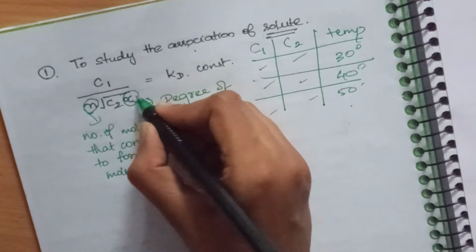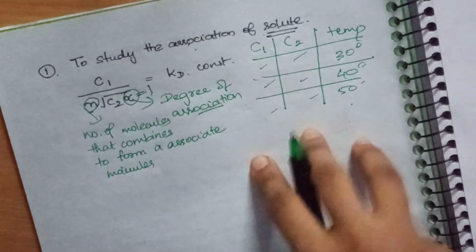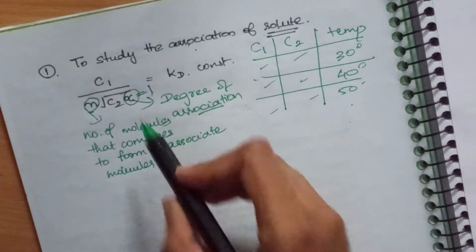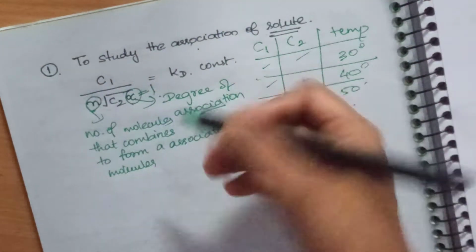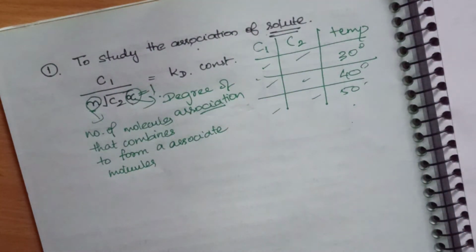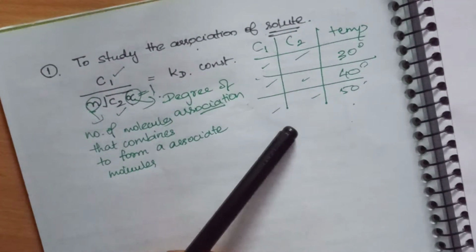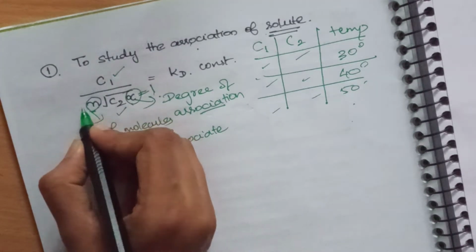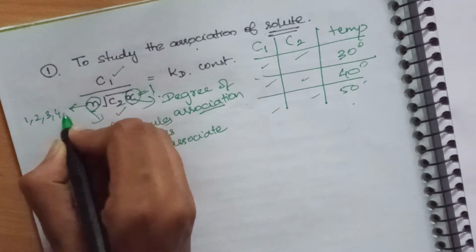No matter, we can just keep this alpha as 1. If all the molecules present in the system undergo association, we can say that alpha is equal to 1. Right, we can just keep the degree of association as 1. Now we know C1 and C2 that is obtained experimentally, and by trial and error method this value of N can be 1, 2, 3, 4, like that it goes on.